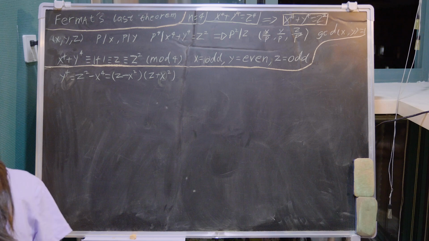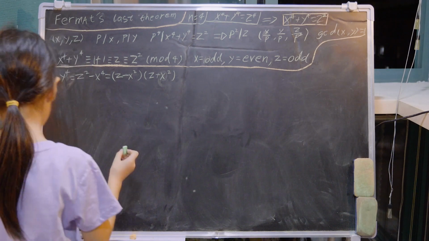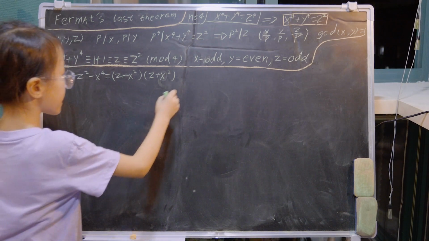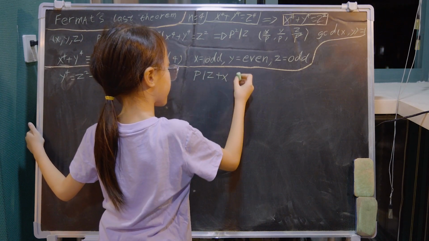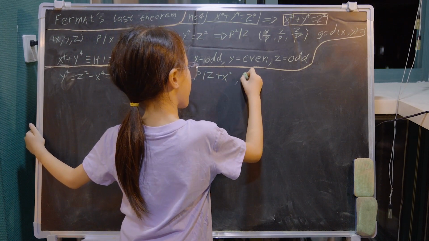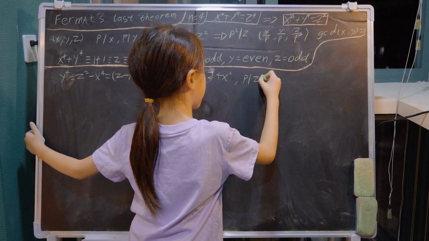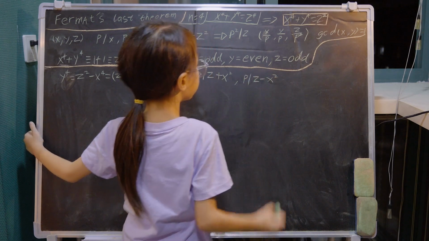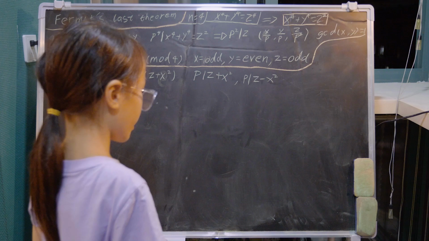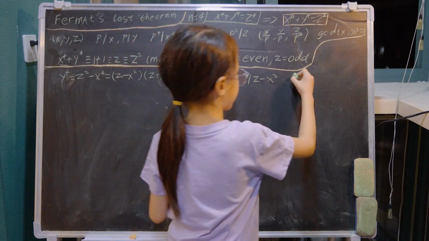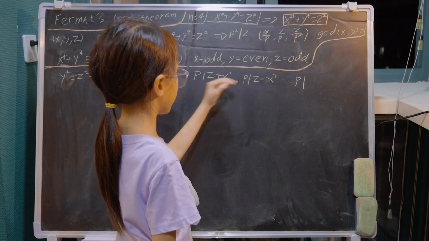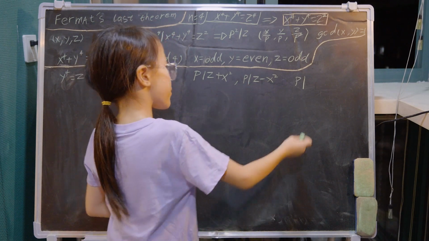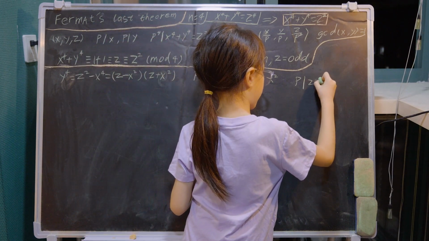Now we set p to be a divisor of z plus x squared, and p a divisor of z minus x squared. So p is a divisor of the sum of these two parts, so p is a divisor of 2z.